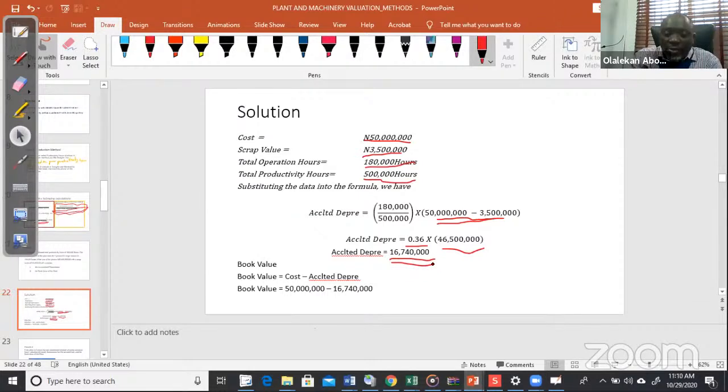The second question asks for book value. Your book value is cost minus accumulated depreciation. So calculate that out.